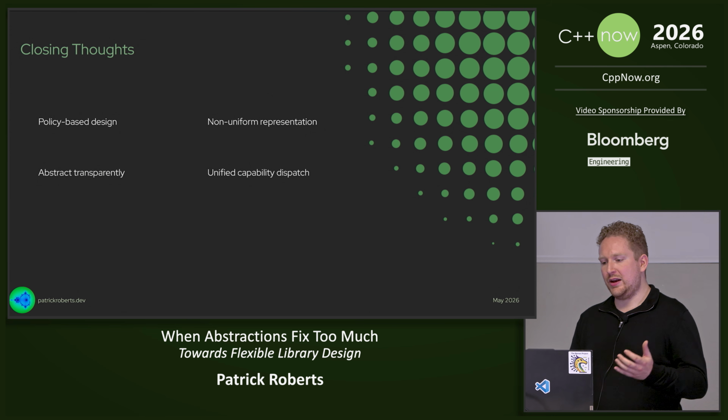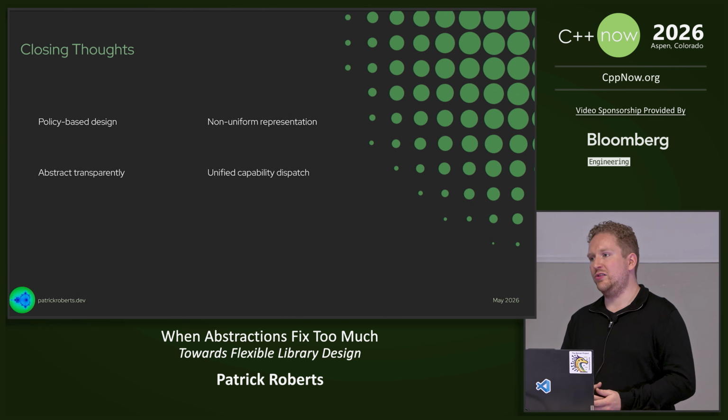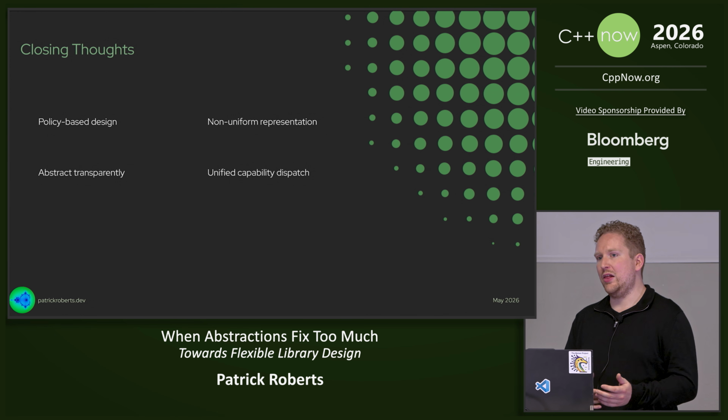The way that I facilitate this in my library is I'll have high-level type alias templates that fix policies to things that work in the full general context. For example, I might use small storage or allocator storage so that it can be used for all possible types.